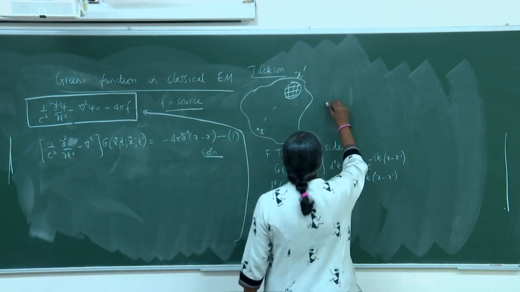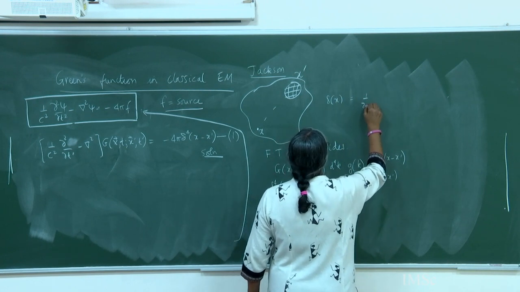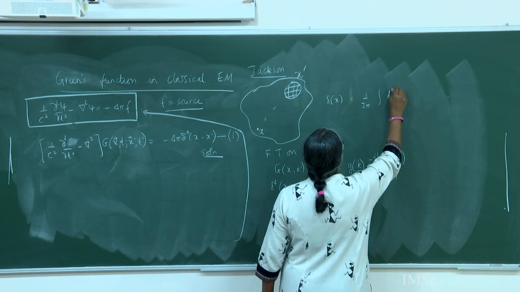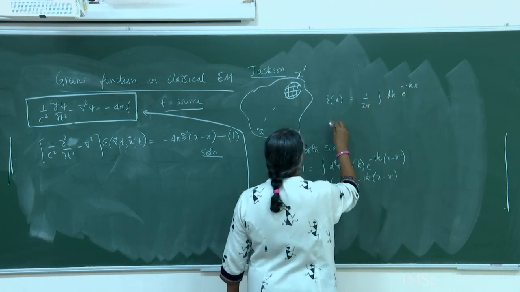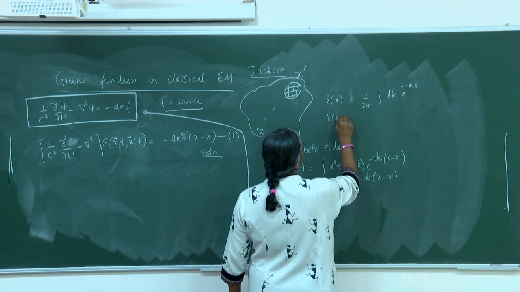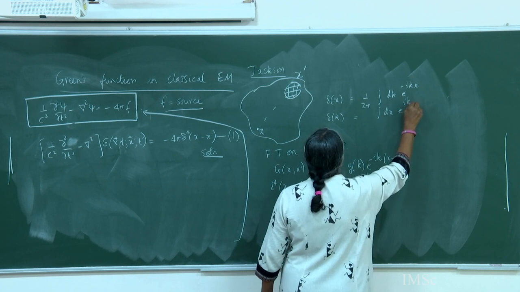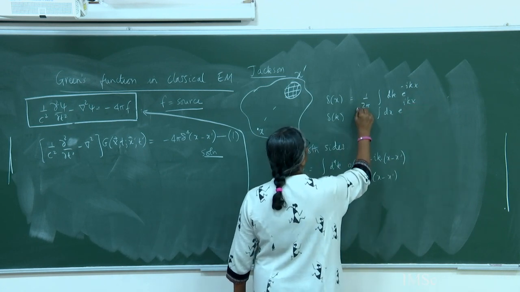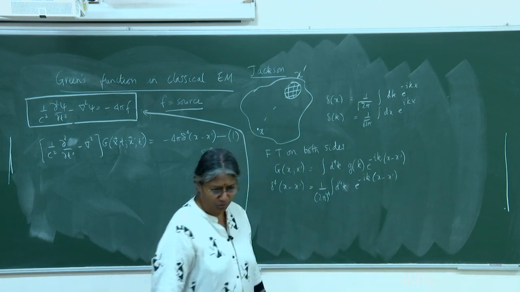Let's write in one dimension: delta of x is either 1 by 2 pi integral dk e to the ikx or minus ikx, whichever way, and then delta k will be integral dx e to the ikx. Or you can put 1 by root 2 pi on both sides. That's why I said I never remember this, since I didn't want to make those mistakes.